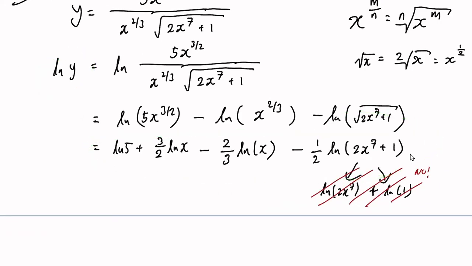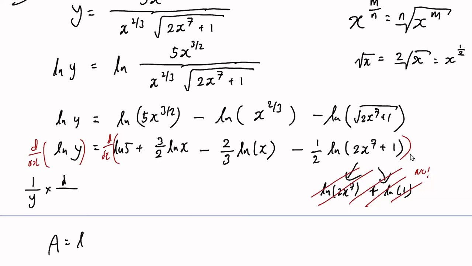But anyways, now that we have all this, on the left side, we got ln y. I think you remember your implicit differentiation. How do you differentiate now with respect to x? Left side. Differentiate ln, you get 1 over y. Very good. Then times, don't forget, chain rule. Treat it as A equals ln y.